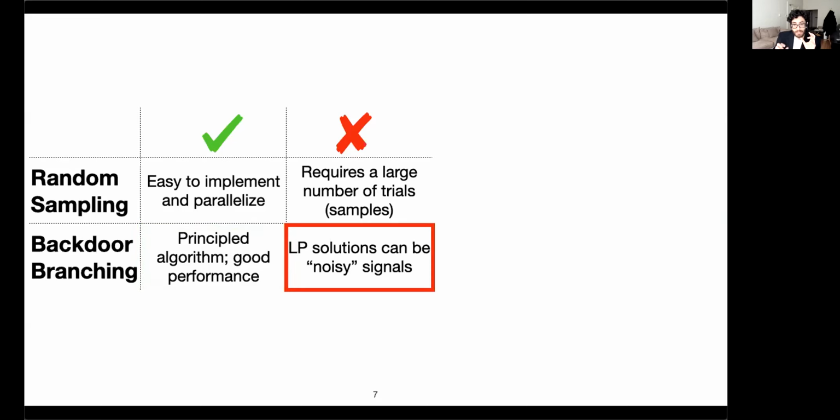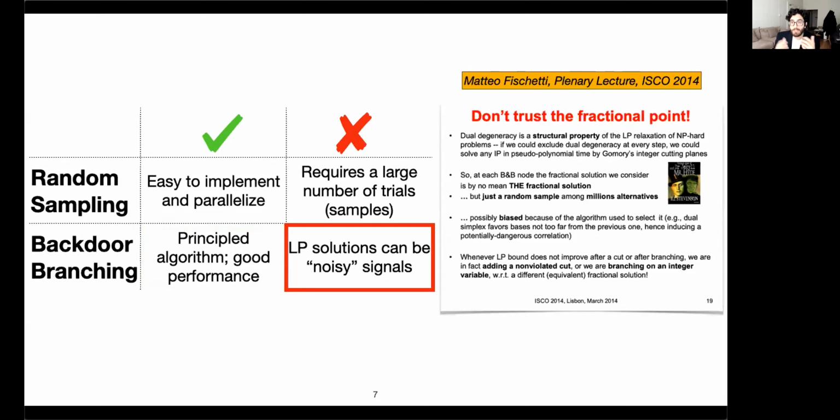But the notion of relying on linear programming solutions at the nodes can be a bit noisy. So if you attended Ambrose's talk yesterday about exact rational integer programming, you know that the floating point version of the solver might not always give you something which is truly feasible in the constraints, etc. And actually, Matteo noted that in a different context by saying you shouldn't trust the fractional point.